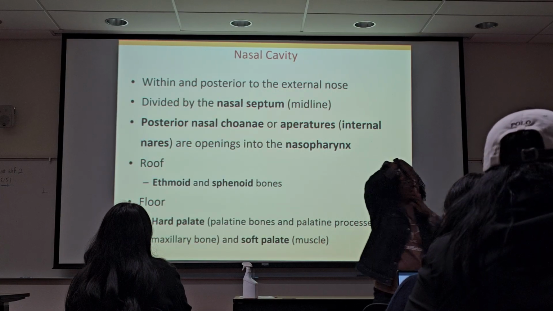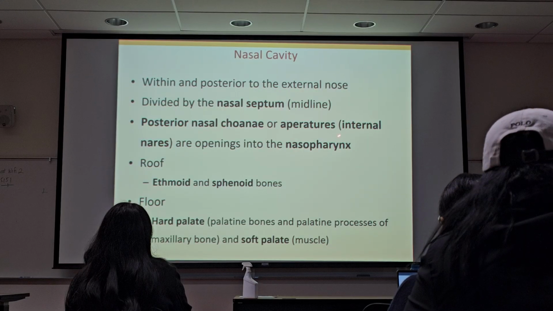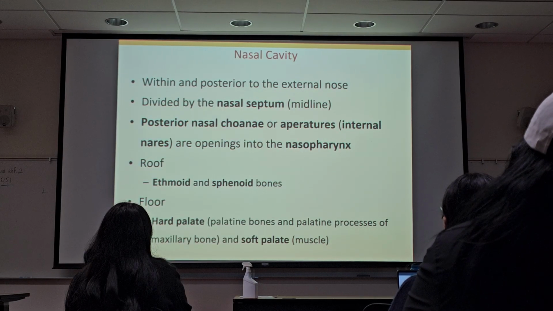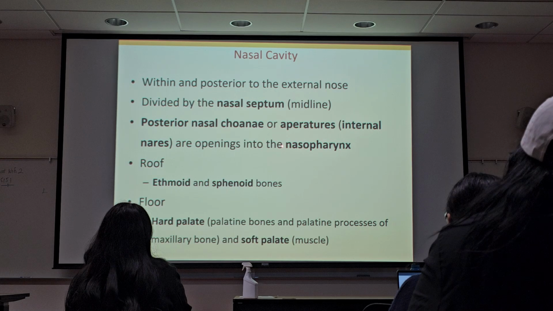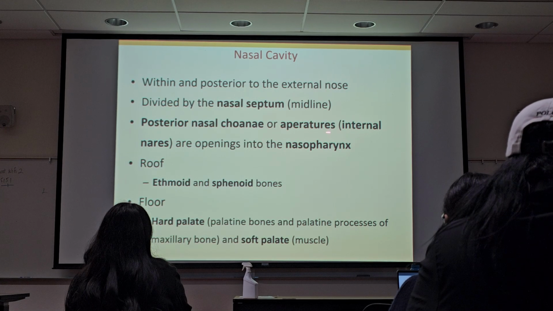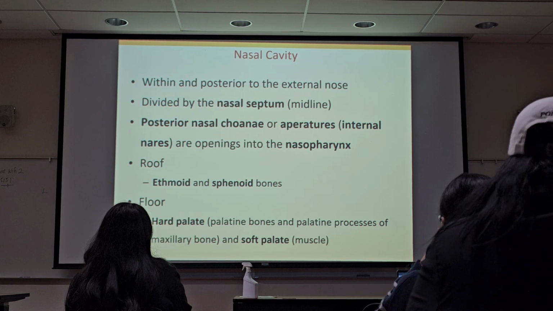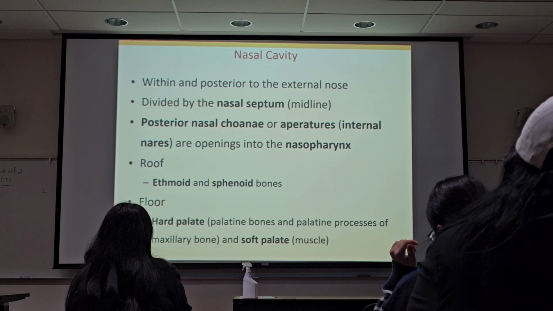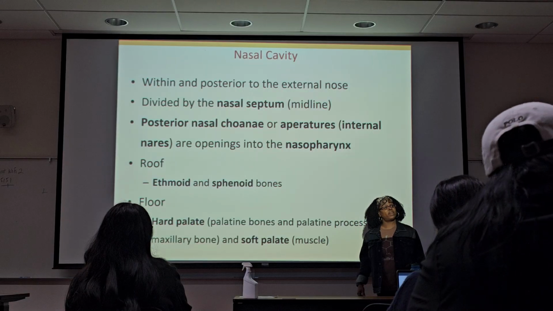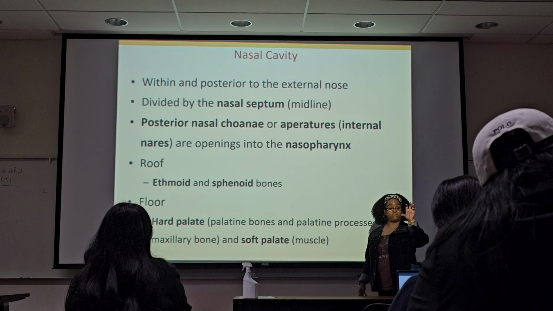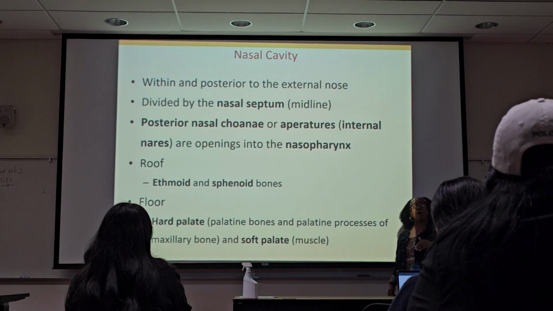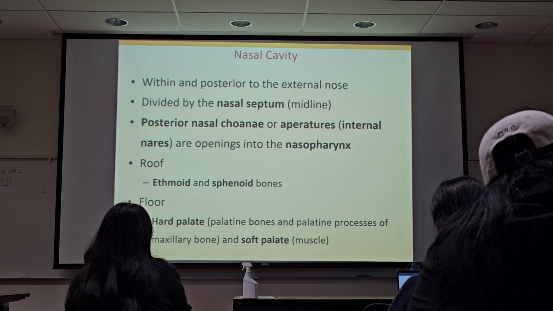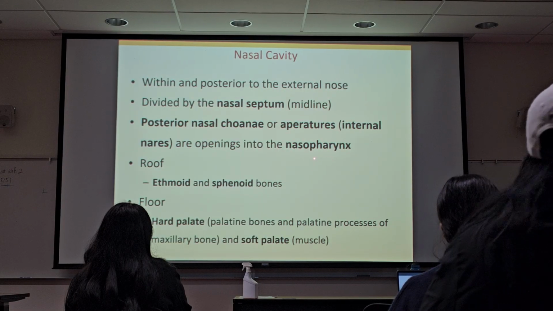So we have our septum dividing the nasal cavity, and we have our apertures that lead us out of the nasal cavity into the pharynx. And the pharynx, we're going to see, has three different parts. The part behind the nasal cavity is the nasopharynx.